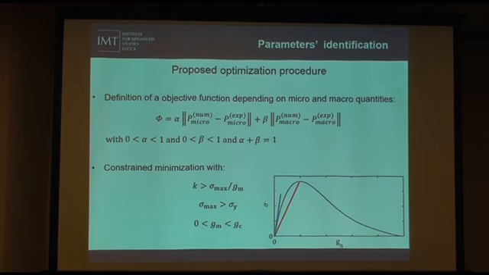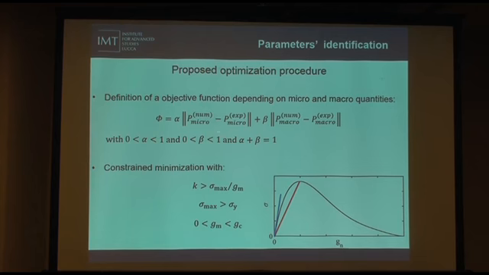Then finally we propose to use the same optimization procedure to retrieve the coefficient model parameters. In that case, the cost function should be another one, and we are thinking of using a cost function that depends on a micro part and on a macro part.